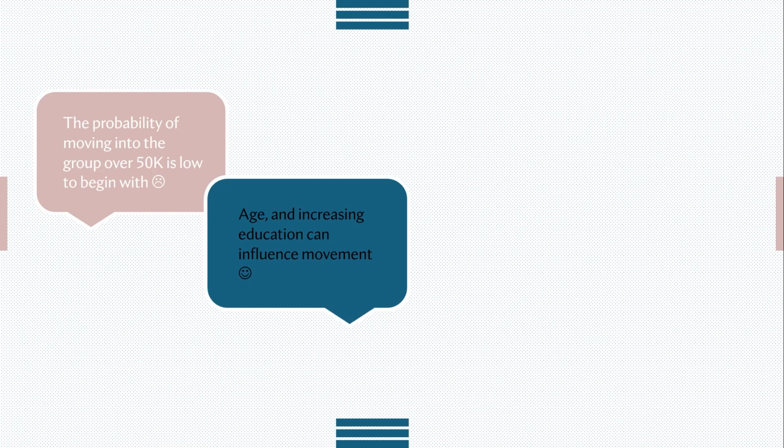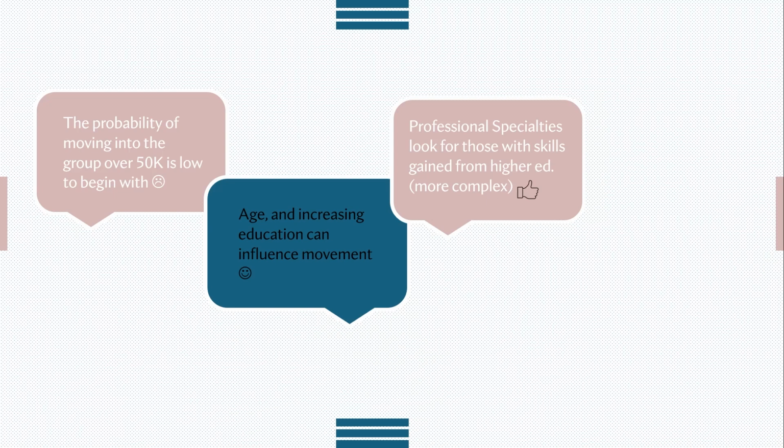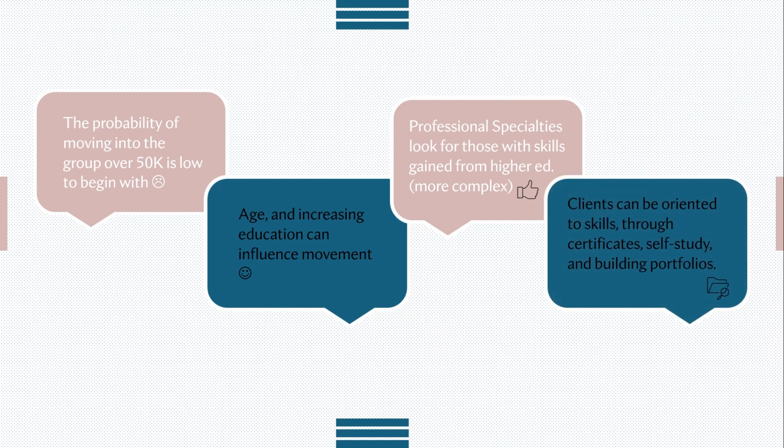I'm kidding. No. The Pathways organization can help their students understand that as they age, if they are focused on increasing their education level, and remember that education level implies skills. So if the students know to target those professional specialties that have certain skills that they're interested in gaining, they are more likely to move themselves into that above $50,000 a year bracket.